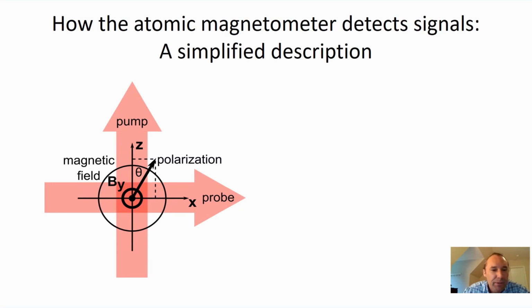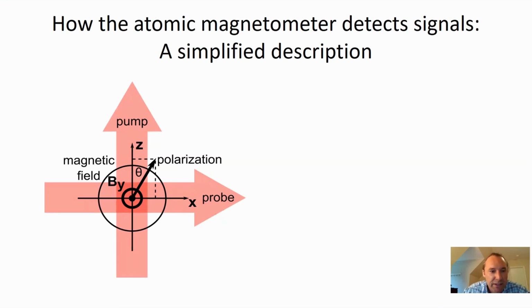So if you have an equilibrium between the pump beam and the action of the magnetic field, this angle theta is established. And so what we need to do with the X probe is basically measure this angle theta. And that's how the magnetometer operates.